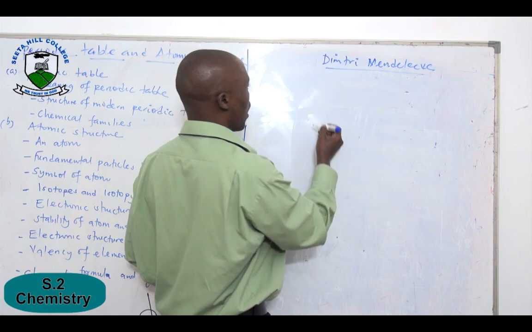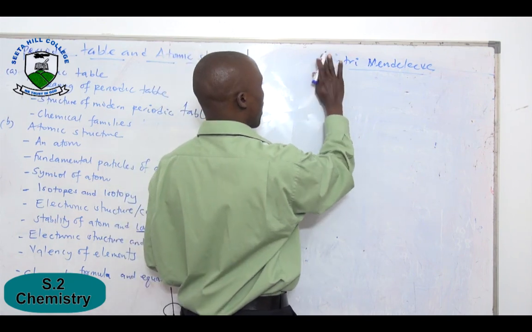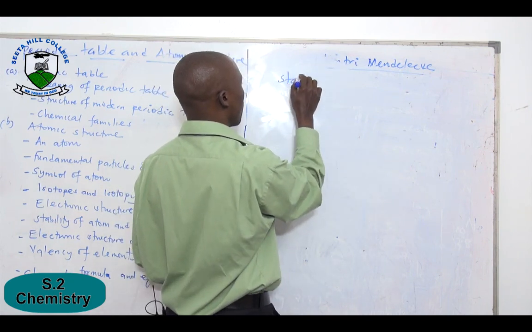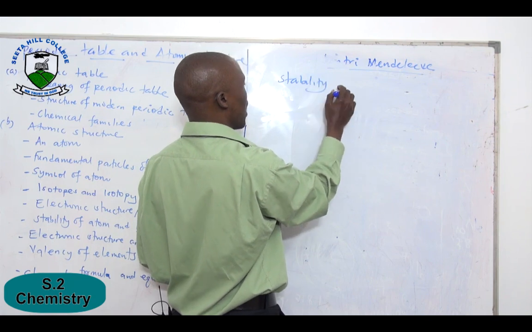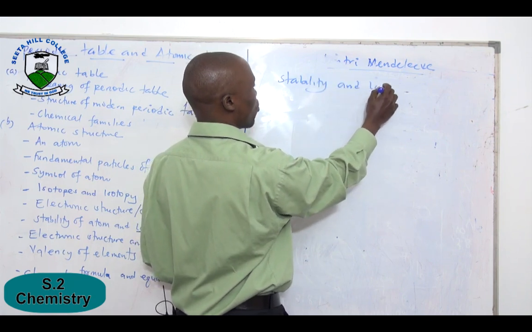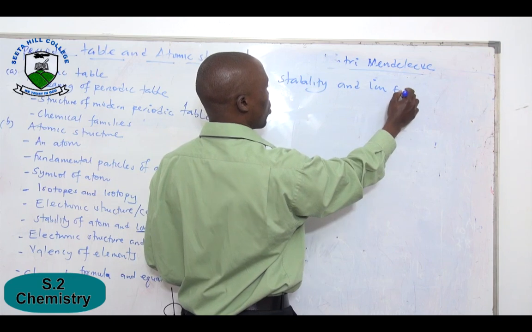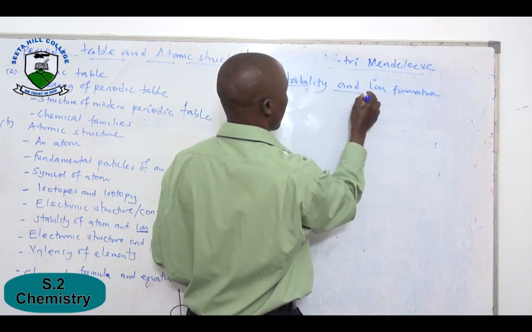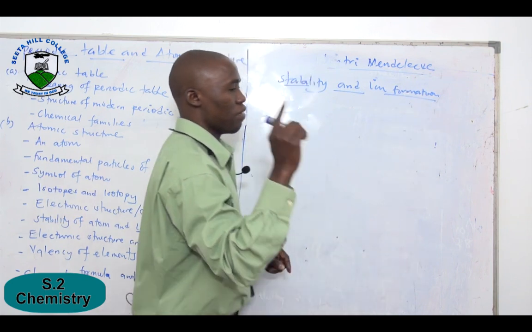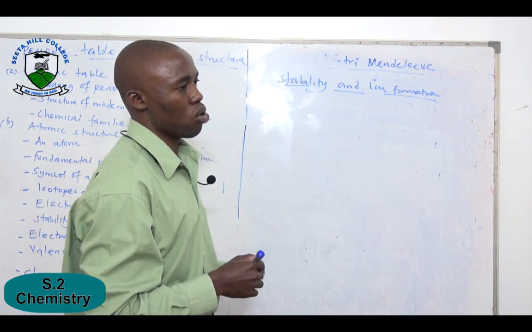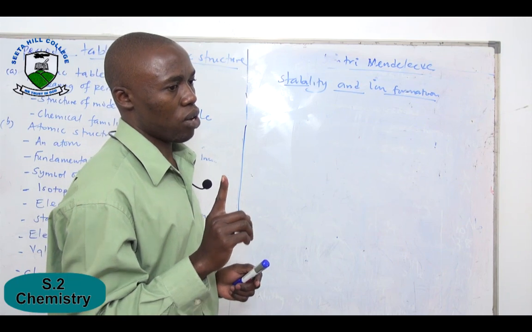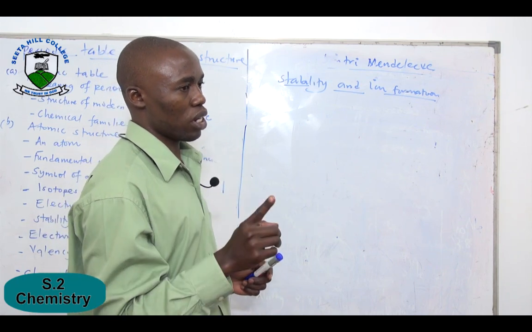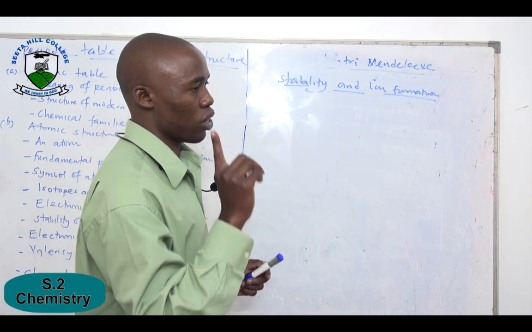Now we are looking at stability of an atom and ion formation. Have we emphasized the stability? When are you stable? When the outermost shell has either 2 or 8. And to have 2, the condition is that your atomic number is only 2.